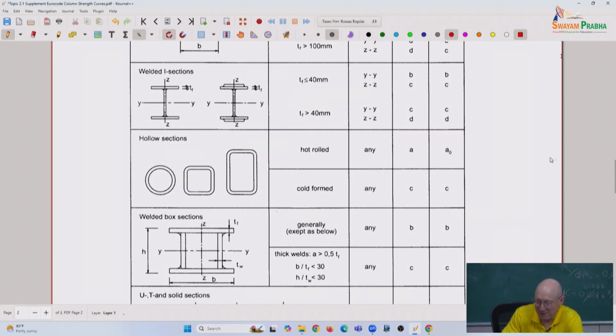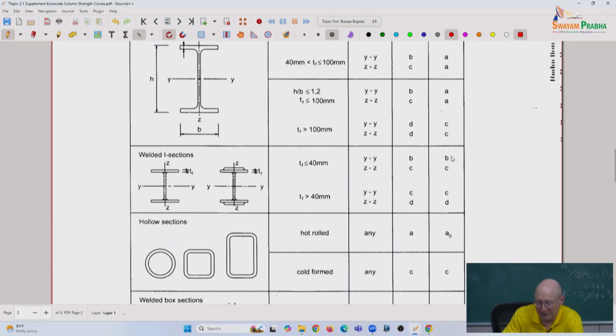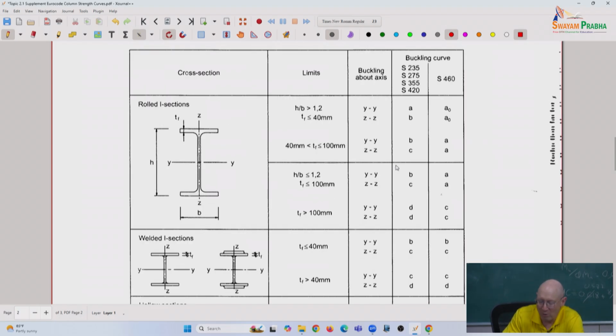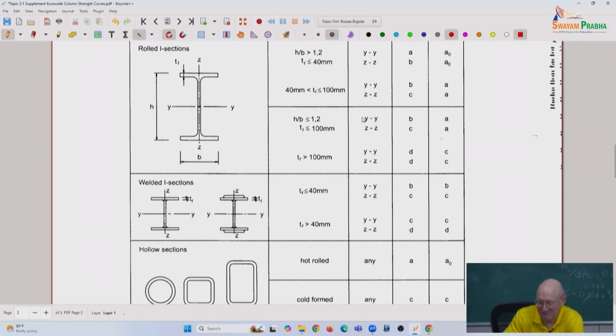You clearly see here that hot rolled hollow sections get a nice beneficial curve. Very lightweight rolled sections that are more beam type sections, failing about strong axis bending, for high strength steel get a very beneficial curve.